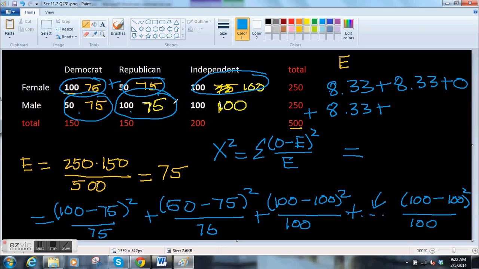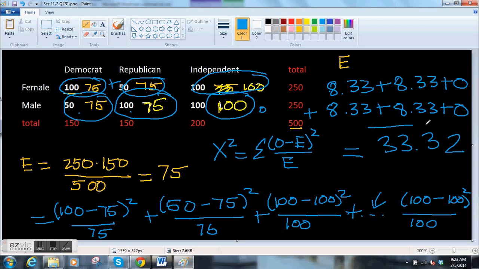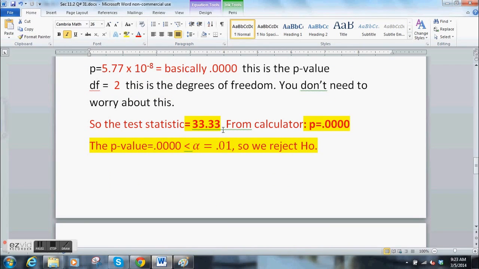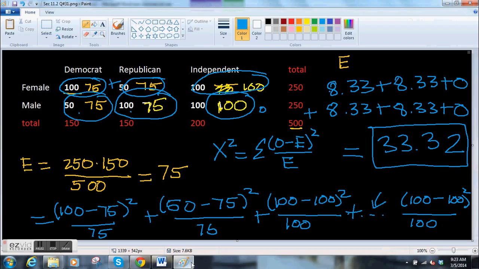You'll notice it's because the difference is always 25 and the expected value is always 75. 8.33 plus, this one's 0, because it's 100 minus 100. So you basically get 8.33 times 4, which is 33.32, which is the same thing we got from the calculator. The calculator had more room for rounding than we did. That's how you find the test statistic by hand.